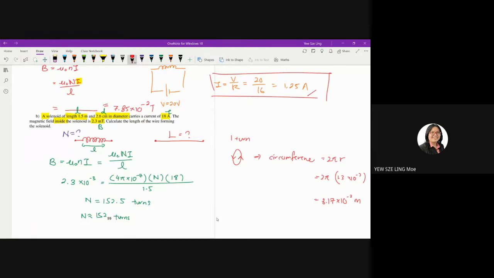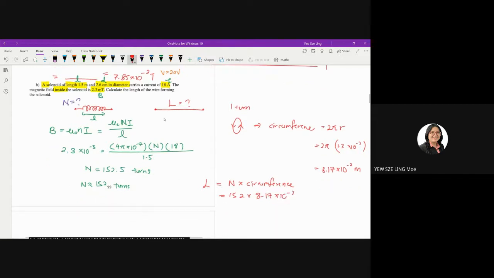Therefore, the length equals the number of turns times the circumference, which is then equal to 152 times 8.17 times 10 to the power of negative 2.